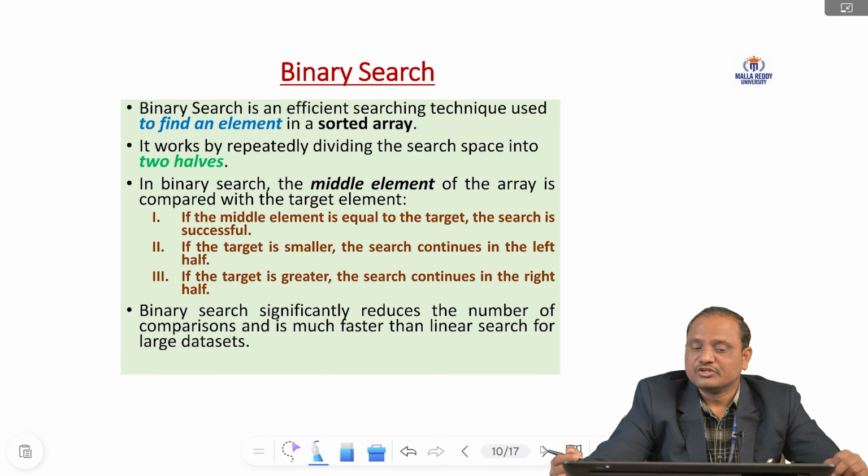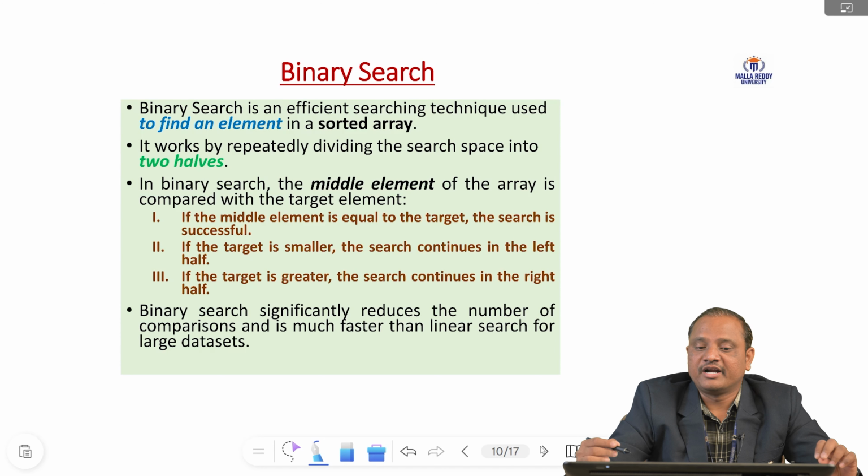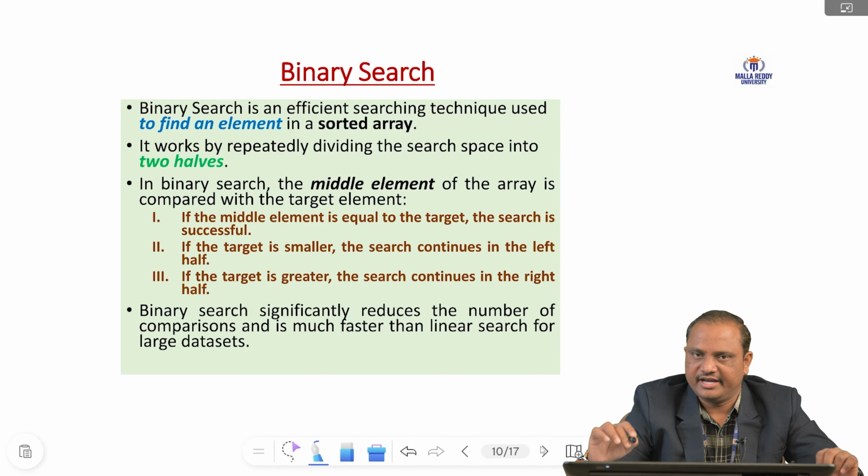Next one is binary search. Basically, linear search is very simple. Compared to linear search, binary search is somewhat complex. But why should we prefer binary search? In linear search, the time complexity is very high.